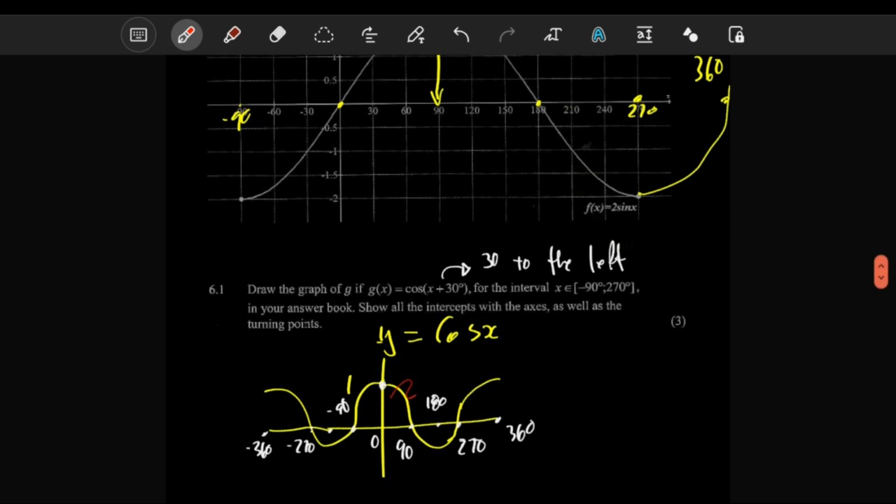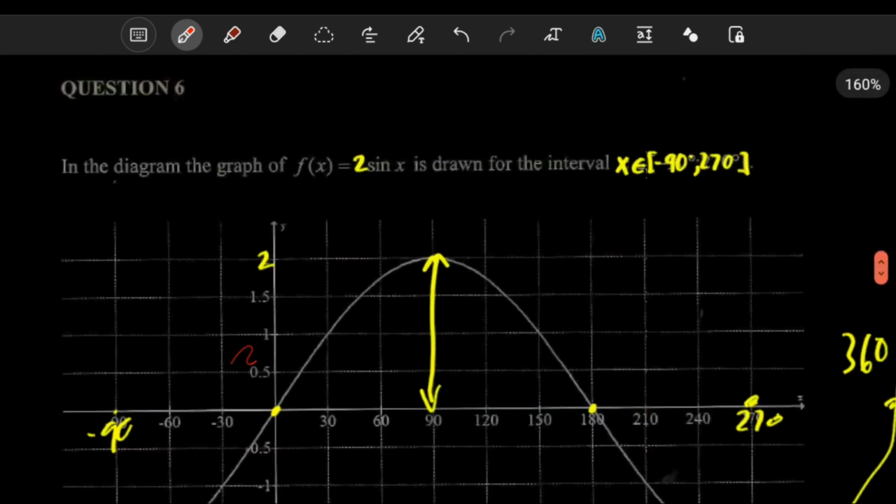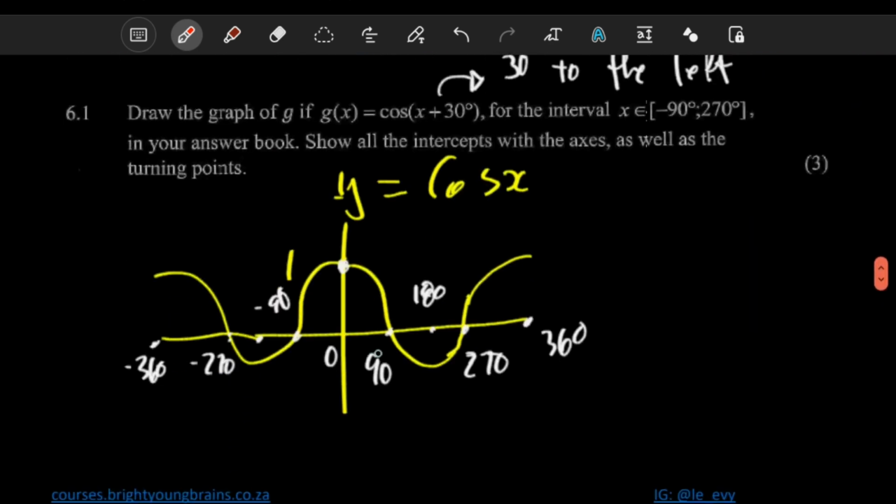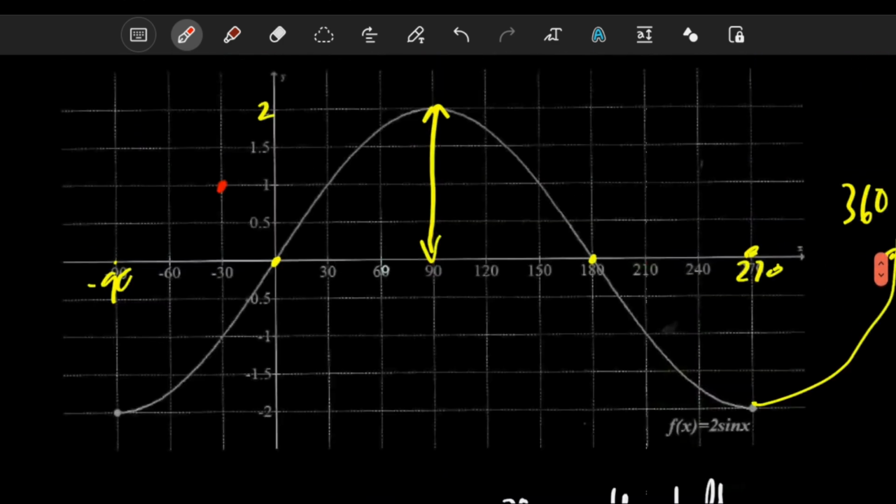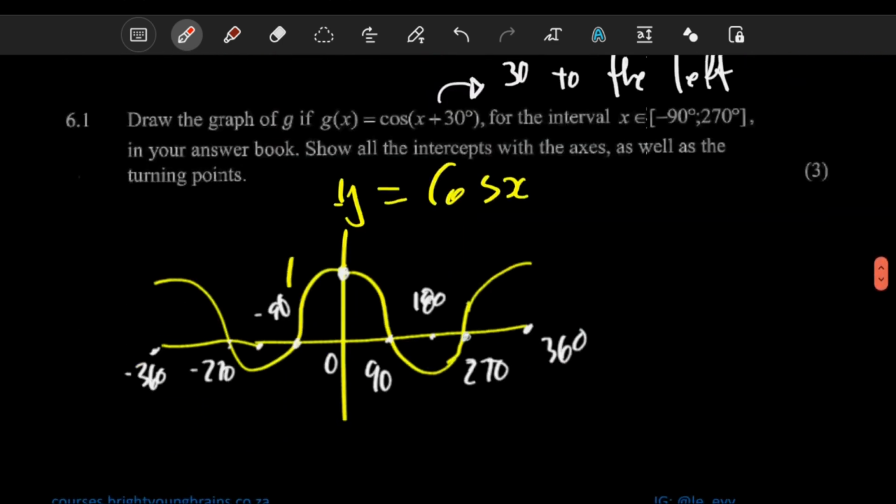This positive 1 here, instead of being at 0, is going to be at negative 30. So somewhere at negative 30 you're going to have a point over there. And then this 90 is going to be at 60, so you're going to have a point there at 60. And then this 270 is going to be at 240.